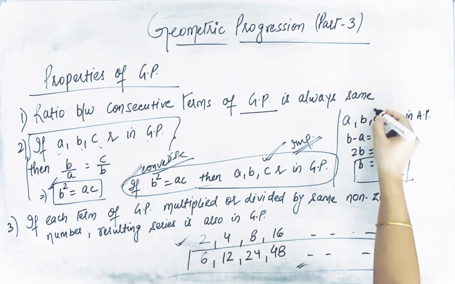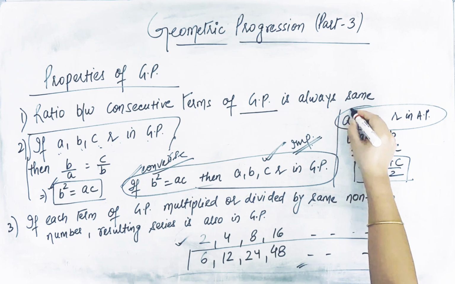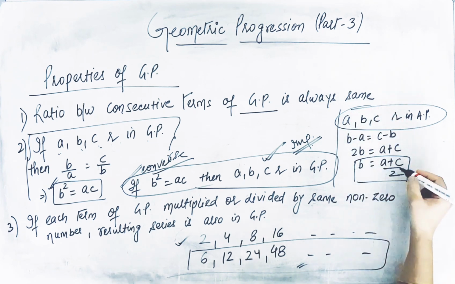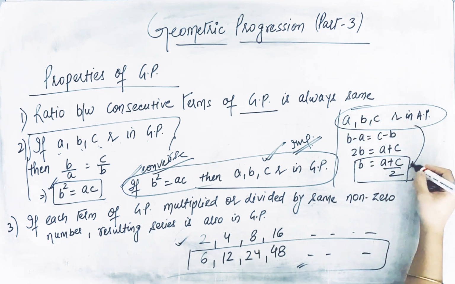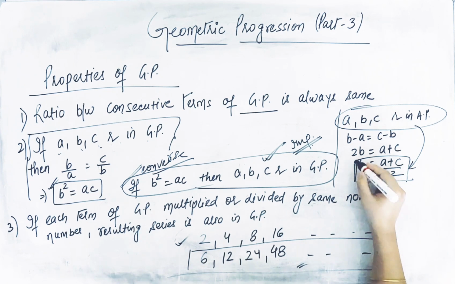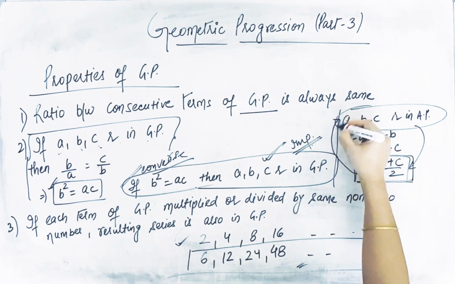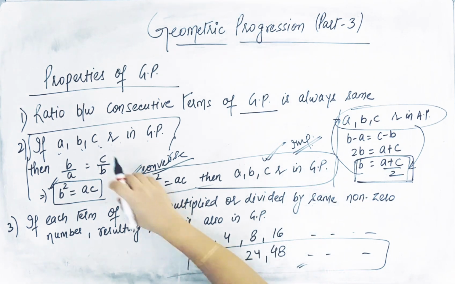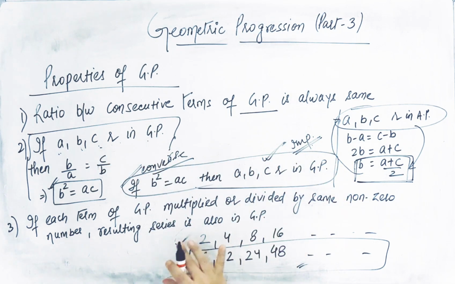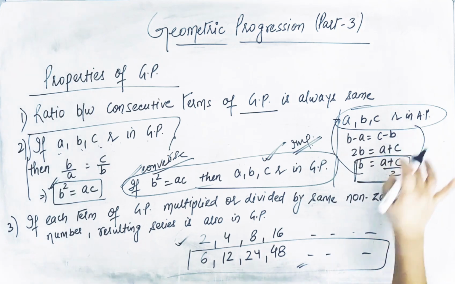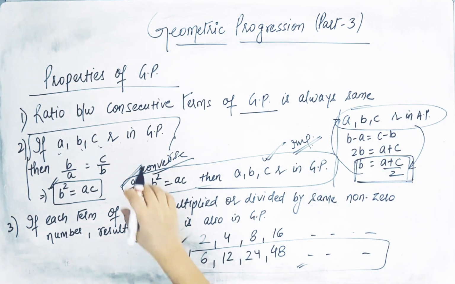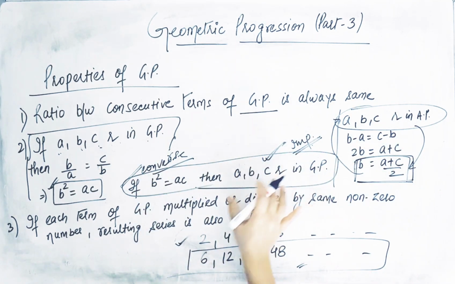That means if A, B, C are in AP, then B is equal to (A plus C) by 2, and if B is equal to (A plus C) by 2, then A, B, C are in AP. This is a very important property of GP and this one is a property of AP. These are the properties we are going to use in questions also.